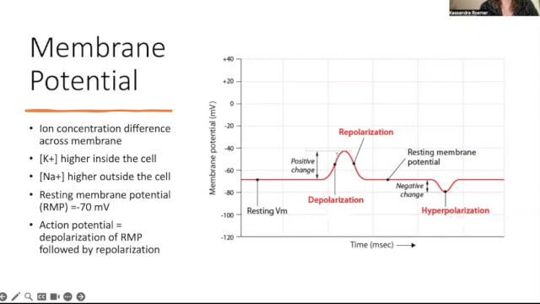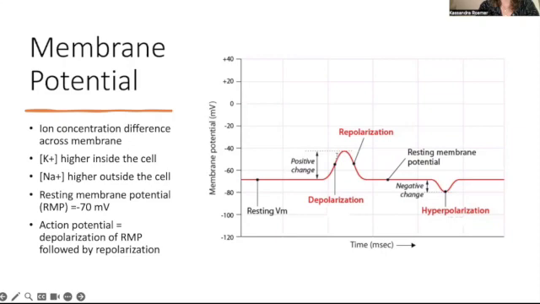We also have other ions, usually negatively charged ions, on the inside of the cell. So overall, that causes a resting membrane potential of -70 microvolt. So the inside of the cell has a slight negative charge, and that is the membrane potential.